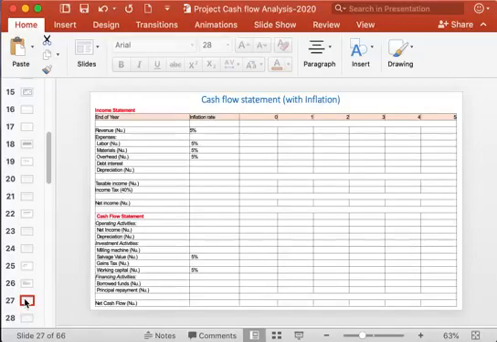So you can see one example here. The inflation rate is given, and the inflation actually has an effect on the revenue. So revenue will increase by 5%.